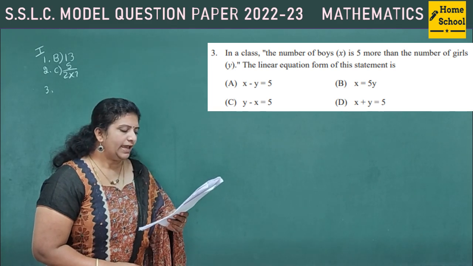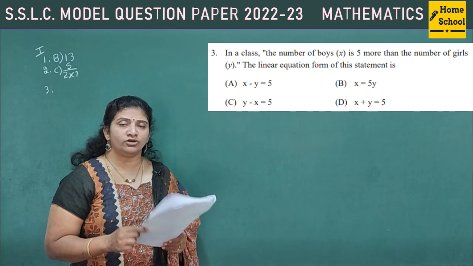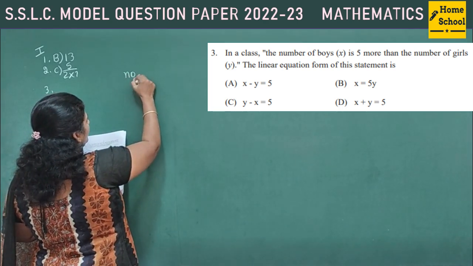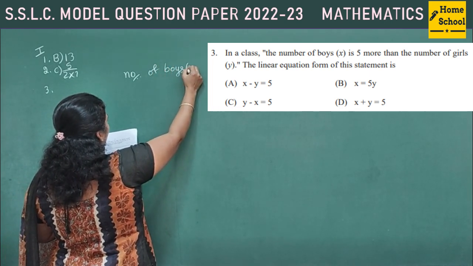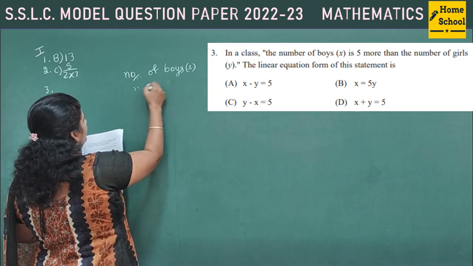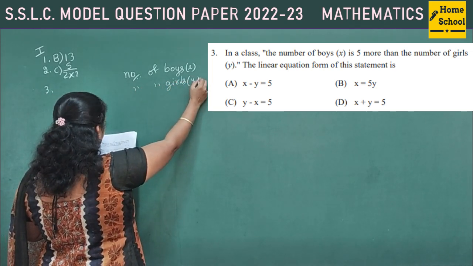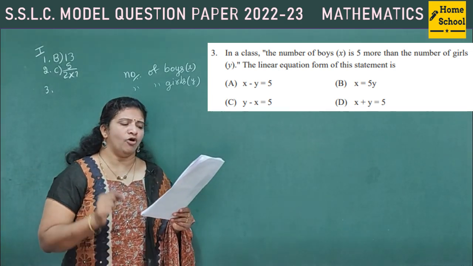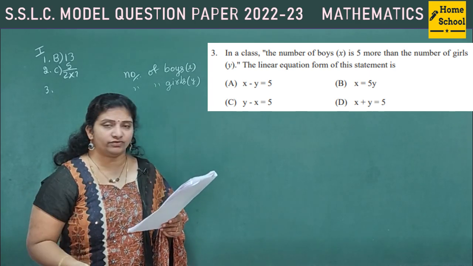Third question. In a class, the number of boys is denoted by the letter X. Let me write here. Number of boys denoted by X, and number of girls is denoted by the letter Y. Let's read the question. In a class, the number of boys is 5 more than the number of girls.